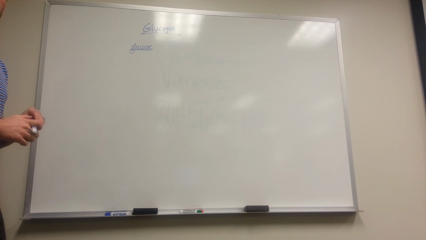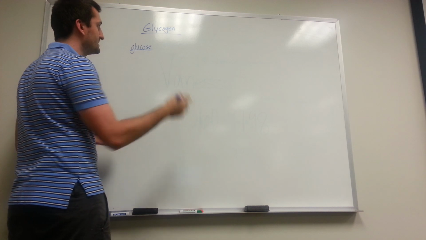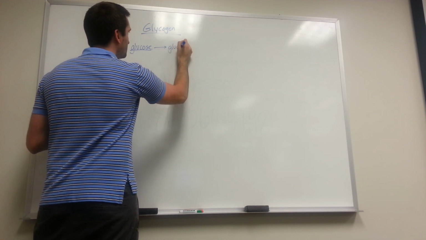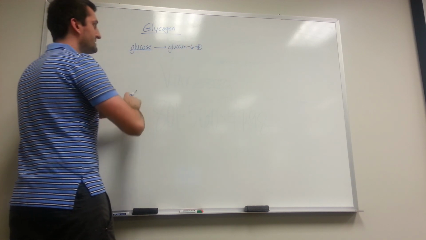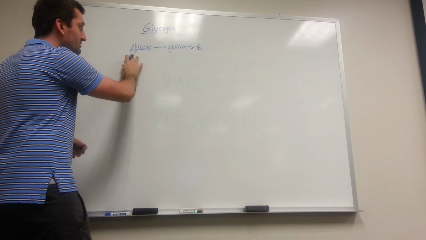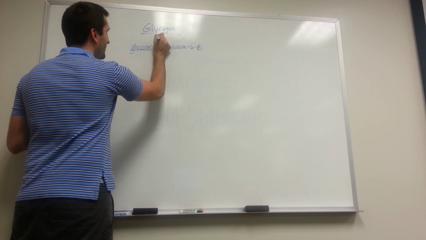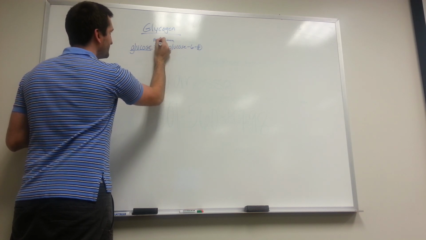Well, what we're going to do is start down the glycolysis pathway. In the glycolysis pathway, we're going to have glucose 6-phosphate. Glucose from outside the cell goes inside the cell. It's going to be trapped in the cell by hexokinase or glucokinase.